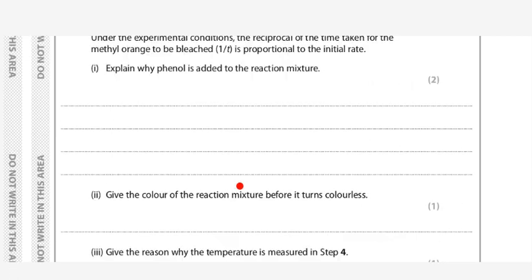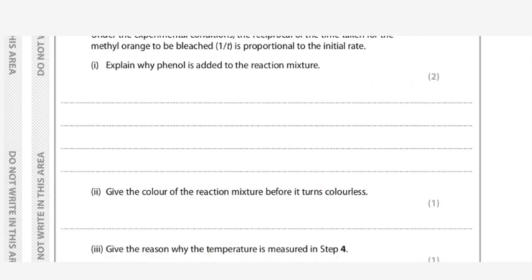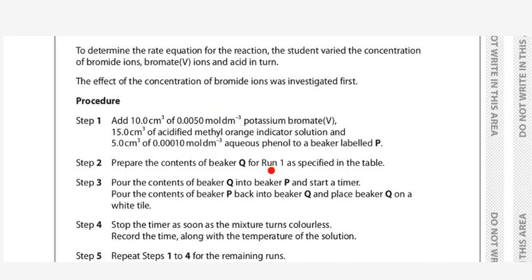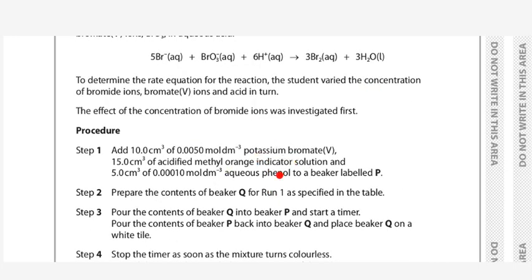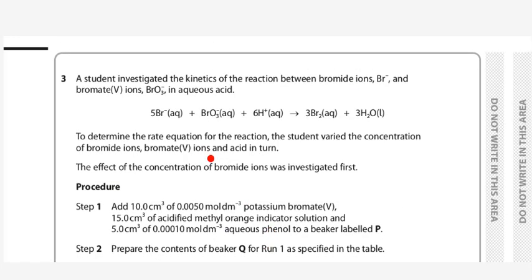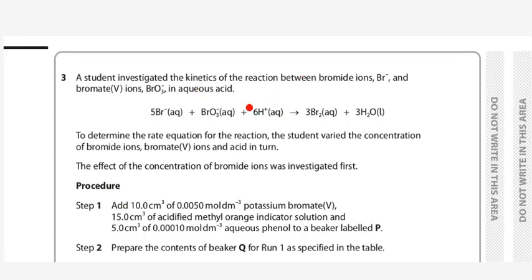I'll give the color of the reaction mixture before it turns colorless. That means it turns to the white precipitate first. Initially, phenol reacts. Bromine is brown, and then the methyl orange, because initially there's acid, right?